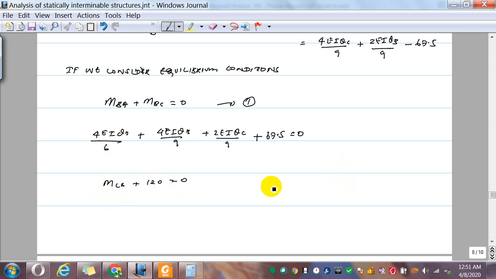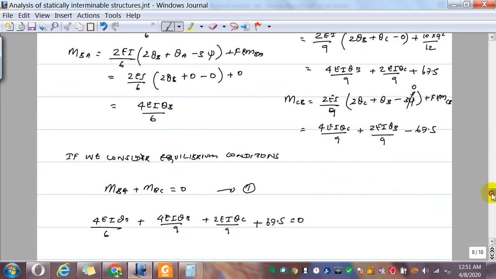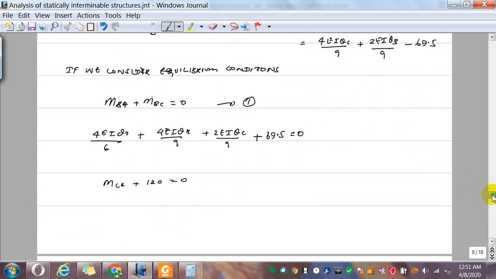So MCB is 4EI theta C over 9 plus 2EI theta B over 9 minus 67.5, and MCB plus 120 is 0. This is the second equation.